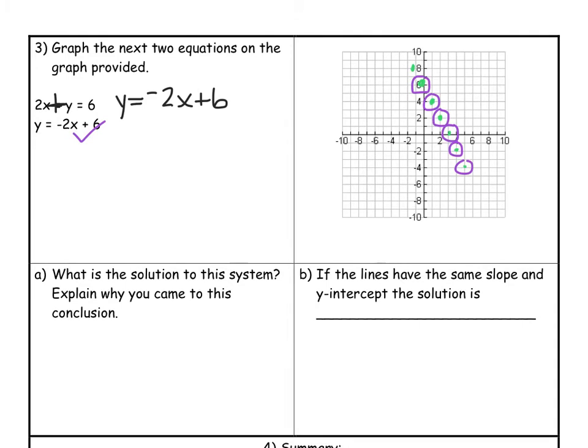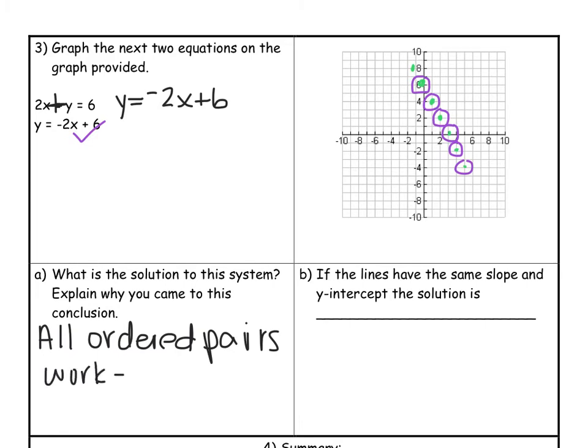That means that all ordered pairs will work because they're the same line. Just like when we're solving equations, we have equations that have one solution, infinite solutions, and no solutions.